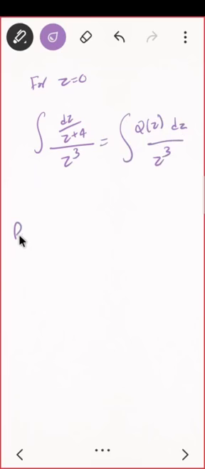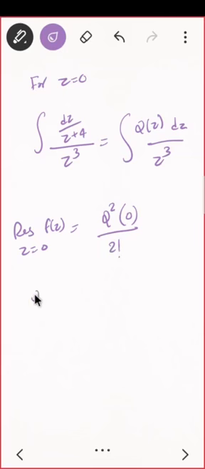So what will the residue of the function at z equal to 0 be? Power is 3, so it is phi second derivative at 0 upon 2 factorial, correct? So you have to find the second derivative first. So 1 upon z plus 4 is phi, so what will phi dash be?